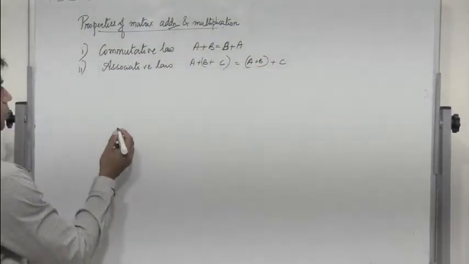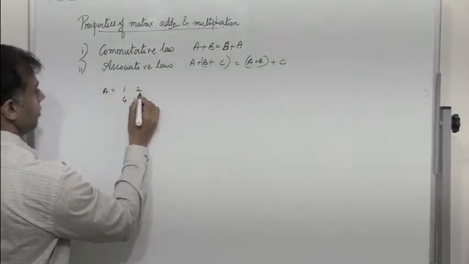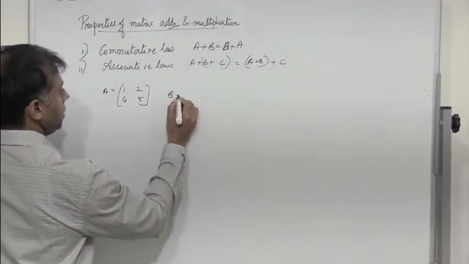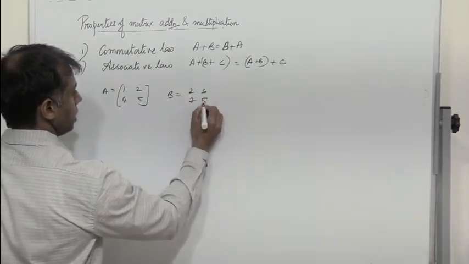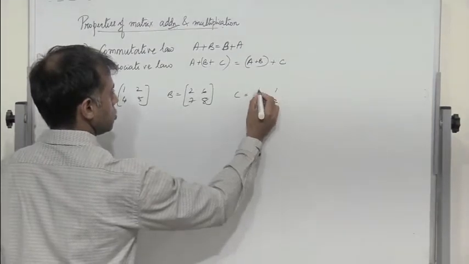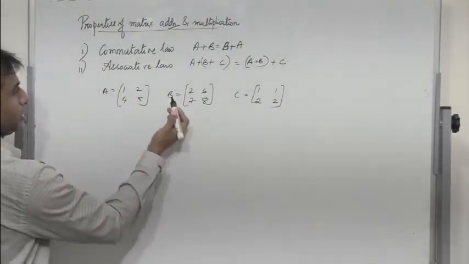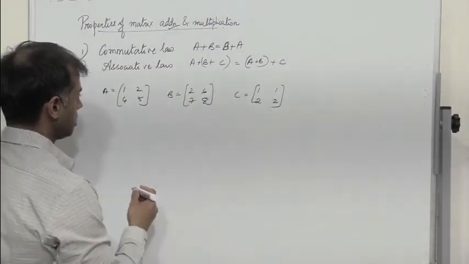Right? So very simple. Let me take two matrices A: 1, 2, 4, 5, B: 2, 6, 7, 8, and C: 1, 1, 2, 2. So very easy, whether I do A plus B or B plus A, the values are the same.